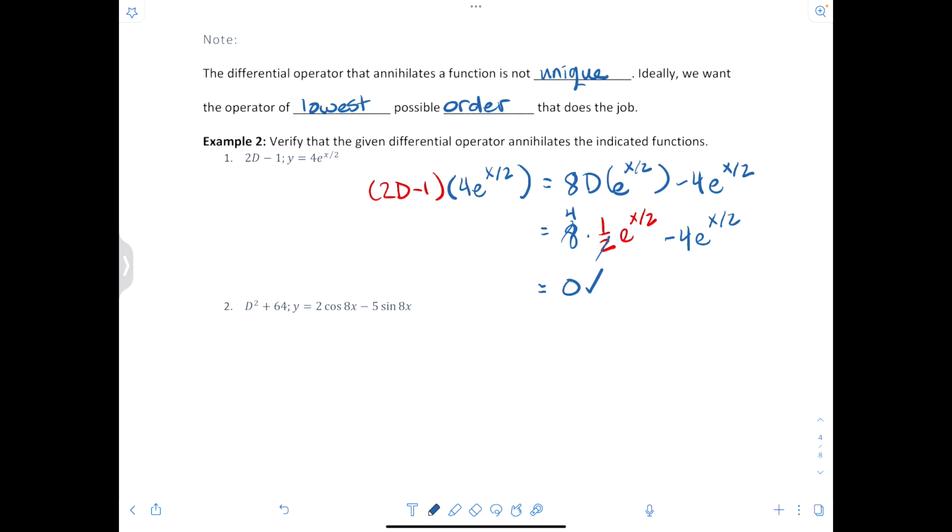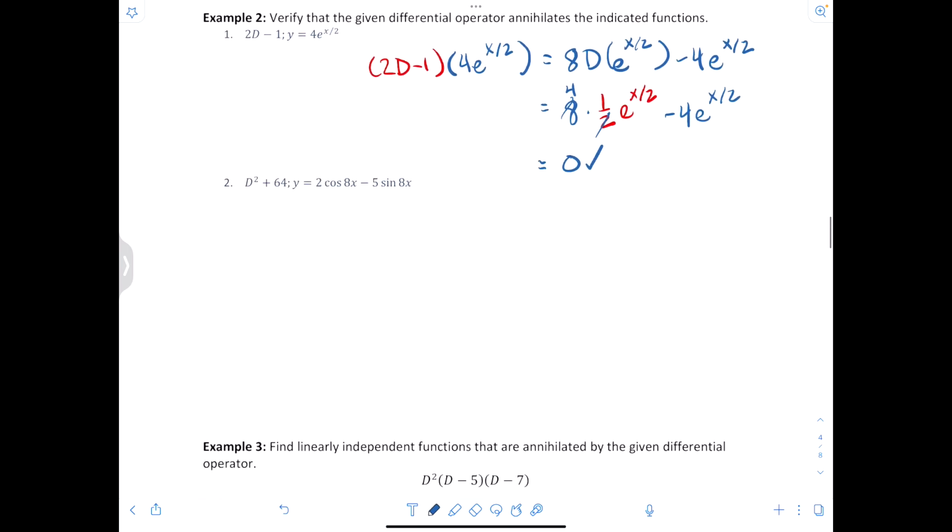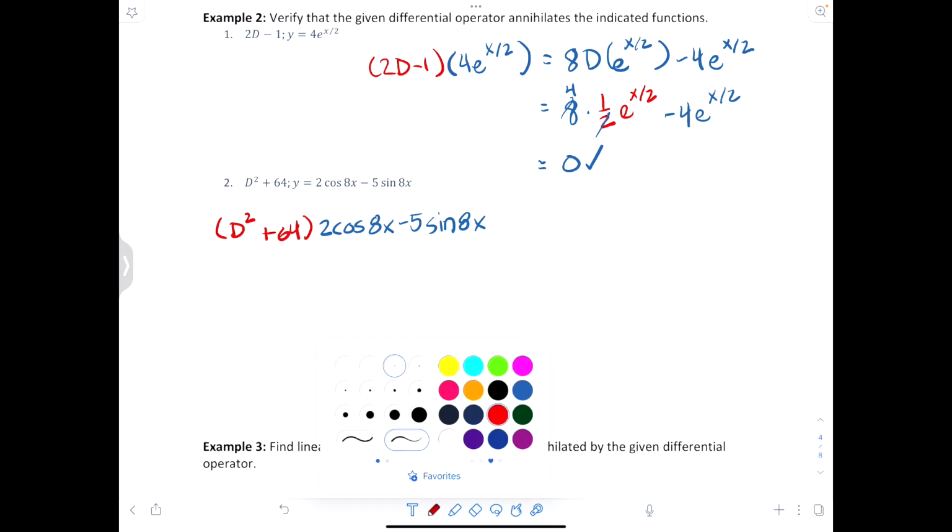All right, so now let's check out the next one. We've got 2 times cosine 8x minus 5 times sine 8x. And we want to show that this differential operator, D squared plus 64, zeroes it out.